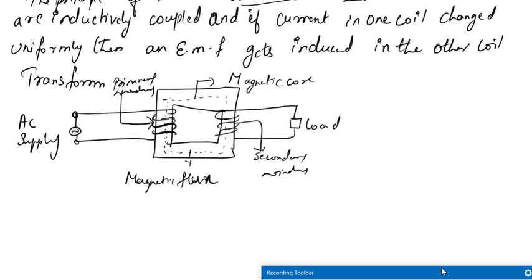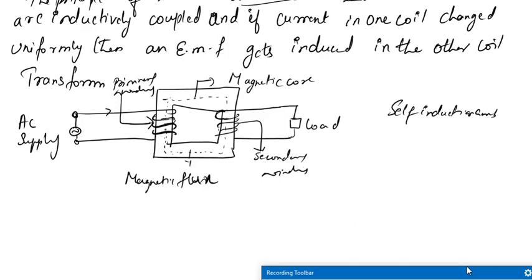So the EMF which is produced is called the self-induced EMF. The magnetic flux which is produced also in turn acts on the secondary coil.